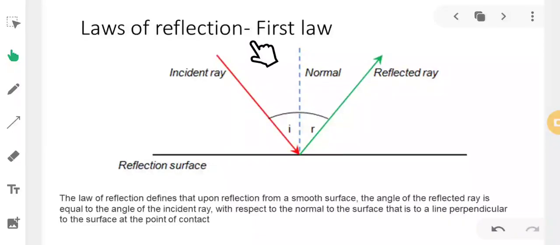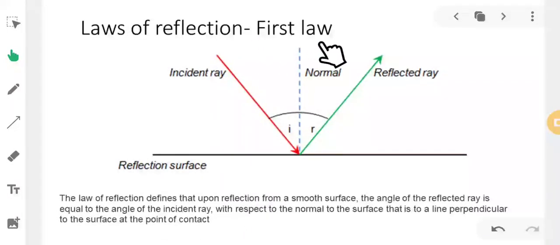So according to the first law, the first law of reflection defines that upon reflection from a smooth surface, the angle of the reflected ray is equal to the angle of the incident ray with respect to the normal to the surface, that is to a perpendicular to the surface at the point of contact.